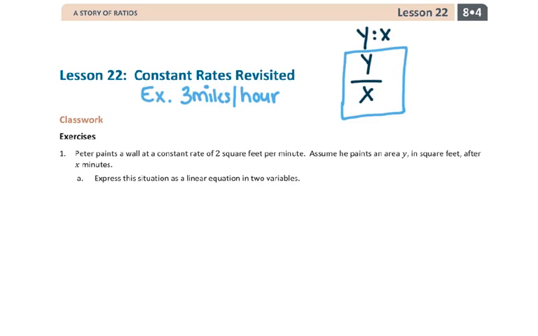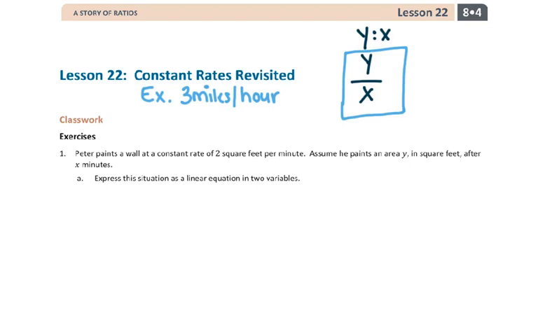So we're looking at something compared to 1. If we're looking at miles, we want to know how far they're going in just 1 hour. If we're looking at minutes, or square feet, we want to know how far they're going in just 1 minute. So we're always comparing it to just 1. So in my example here, Erica is walking at a constant speed of 3 miles per hour.